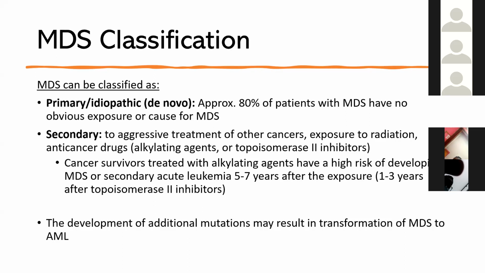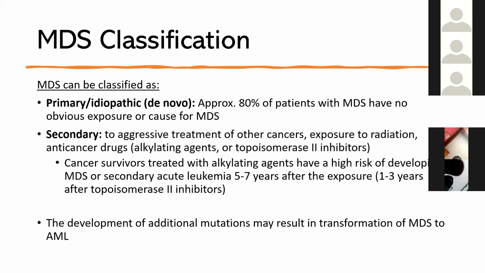The development of additional mutations, and as you know, when a cell mutates, it is also liable to get additional mutations, may result in the transformation of MDS to acute myeloid leukemia. So that is one thing about MDS. The risk to transform to acute myeloid leukemia is there. Again, it will depend upon the exact subgroup or type of MDS that is present.